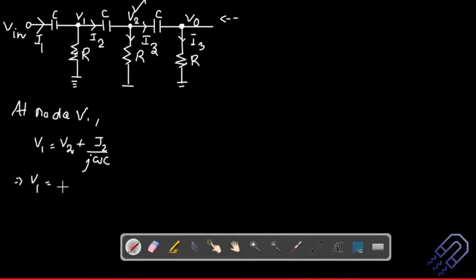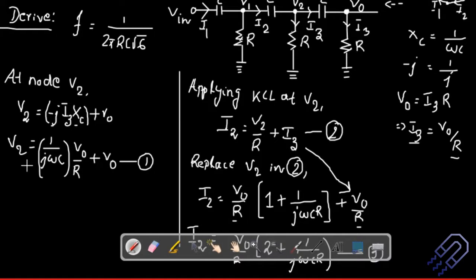If I take V naught common, it will be 1 divided by j omega CR plus 1. So I'm just writing that down.